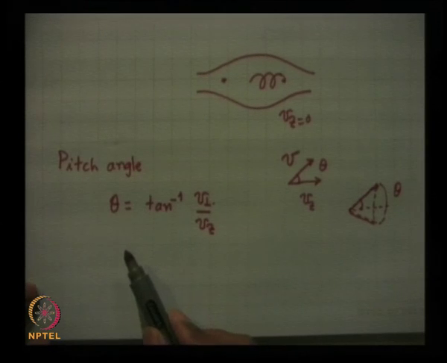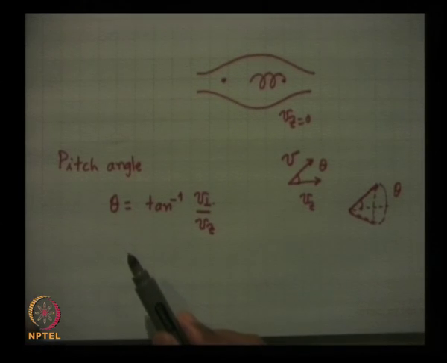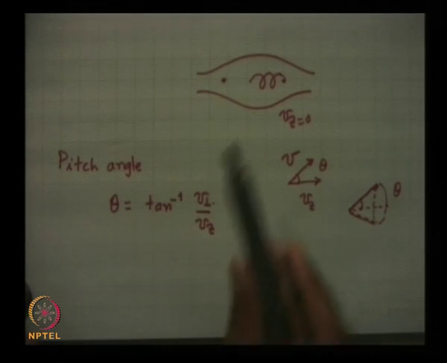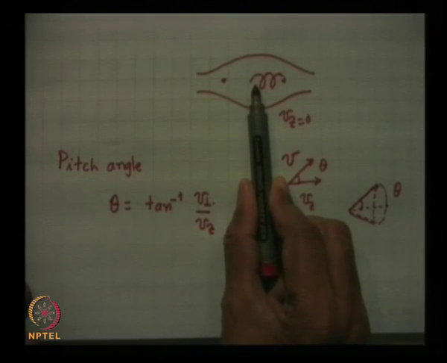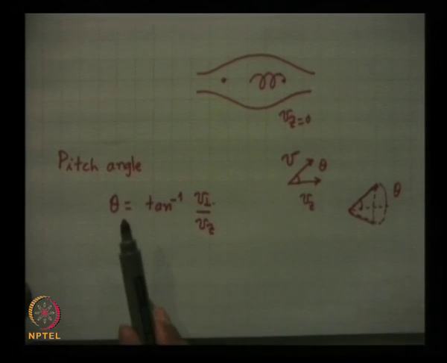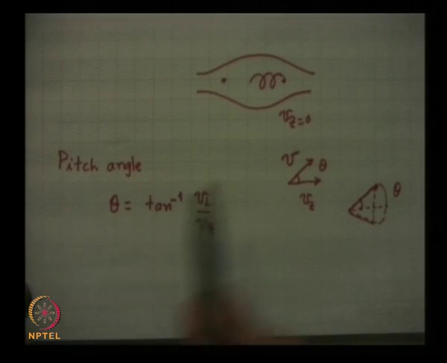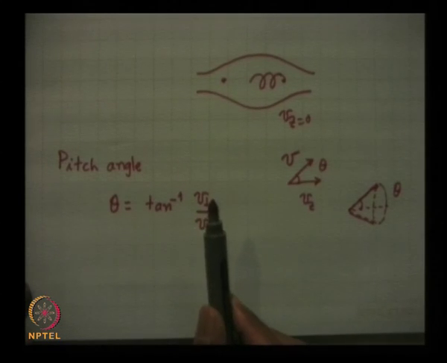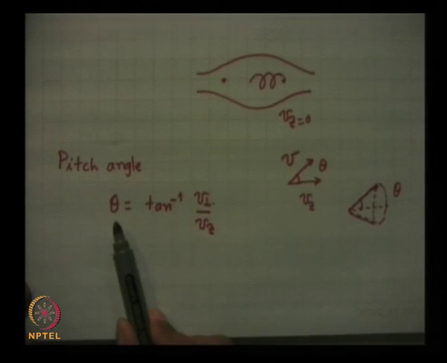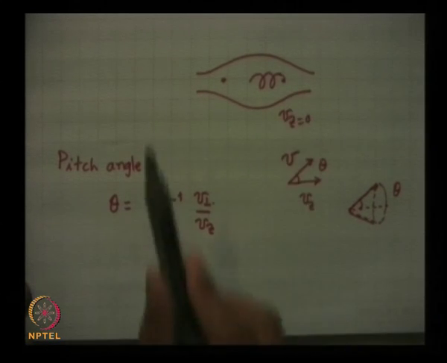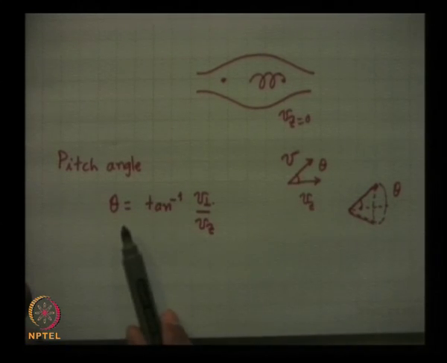So, now I would like to deduce an expression for the value of pitch angle theta at the center of the mirror machine, such that when the electron goes towards the throat, it suffers a reflection. What is the minimum value of theta that is permissible? If theta were large, then certainly there will be reflection, but if theta is small, there is no reflection.